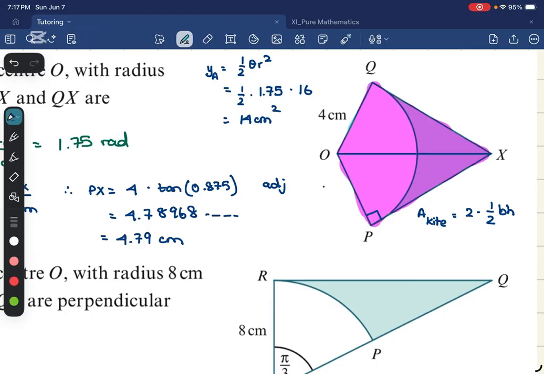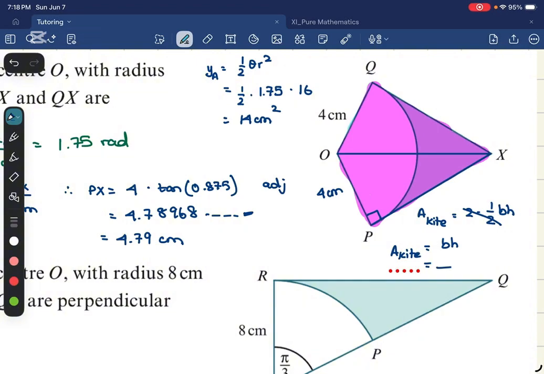This is 90 degrees. This is 4 centimeters. So I know how to calculate the area of the triangle, right? Because I know what PX is. I already calculated PX, and I'm going to use the whole value, 4.789686517, that I got in my calculator. So 2 and 2 cancel out. So the area of the kite is just base times height. So what is the base? The base is PX that we calculated.